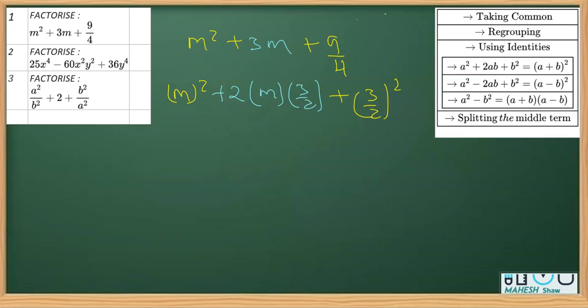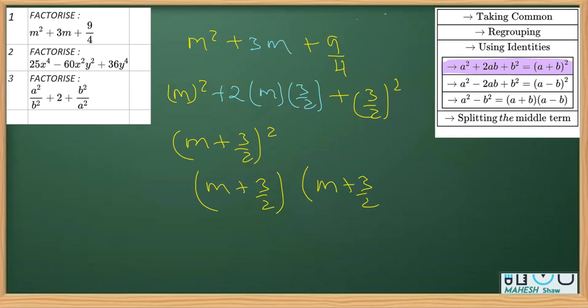So it becomes in the form of (a plus b) whole square. So I can write this as (m plus 3 over 2) whole square, which we write twice, (a plus b) into (a plus b) form. This is how the first question can be solved.